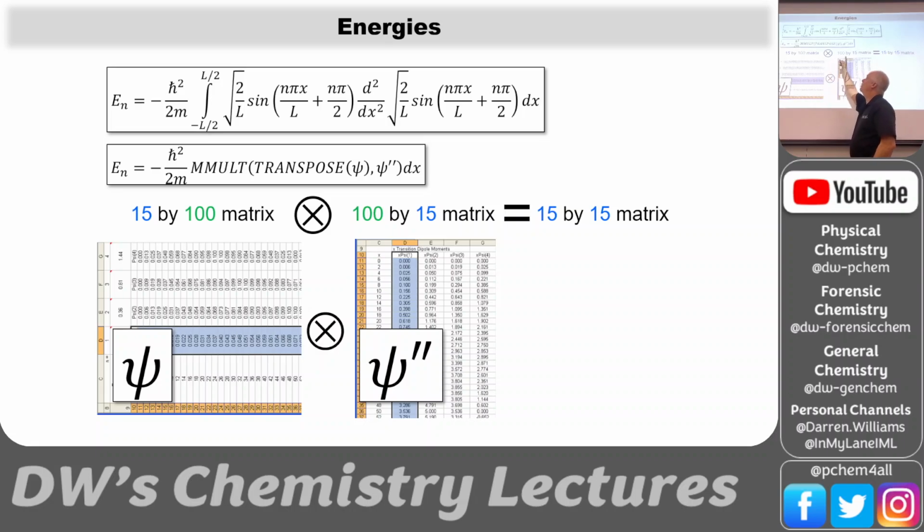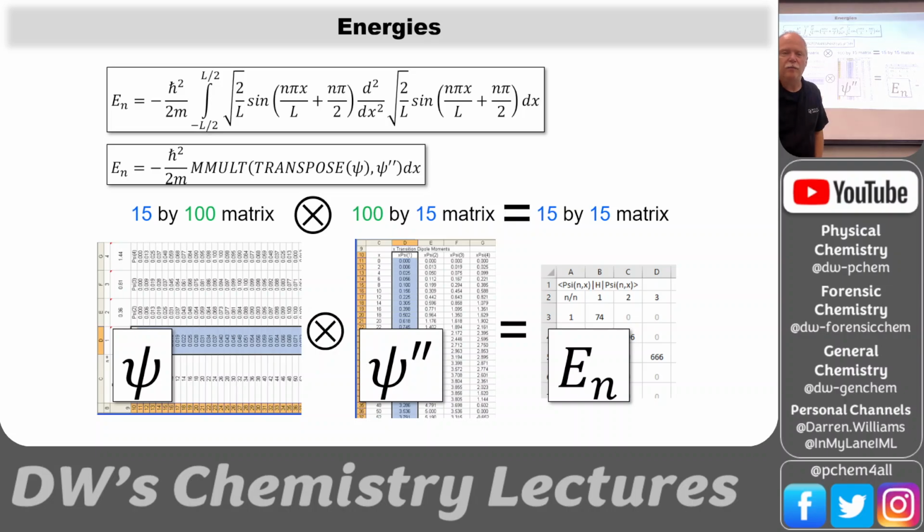So the transpose psi gives us this here, and then the MMULT takes this times that, and you have this 100 item vector here multiplied by this 100 item vector added together, and that gives you the first cell, the first integral. Times dx, don't forget to add the dx in there, right there. And so we end up with our energies.